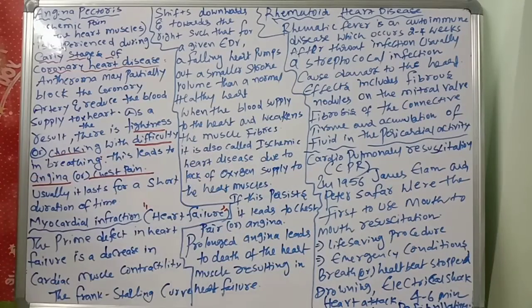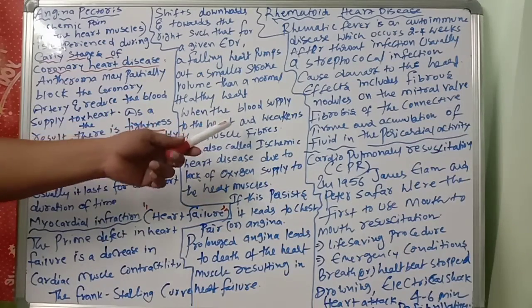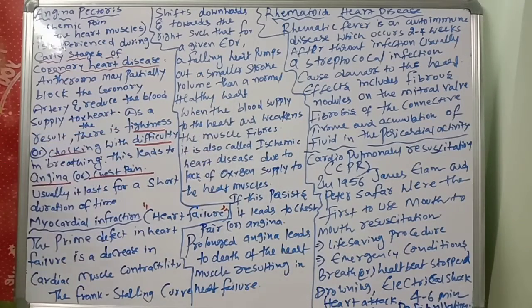Oxygenated blood will not be supplied to the heart muscles. Then what will happen? It weakens the muscle fibers, and the reduced supply leads to death of the muscle fibers.